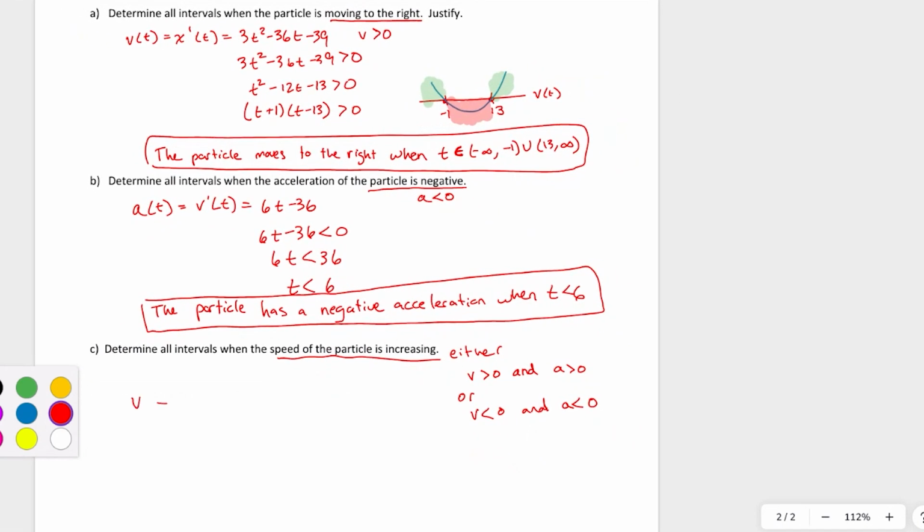So here's the velocity sign chart between -1 and 13. It's going to go positive, negative, positive. And the acceleration sign chart only changes at 6. It's got a negative acceleration before 6 and a positive acceleration after 6. So we're looking for where the signs are the same.